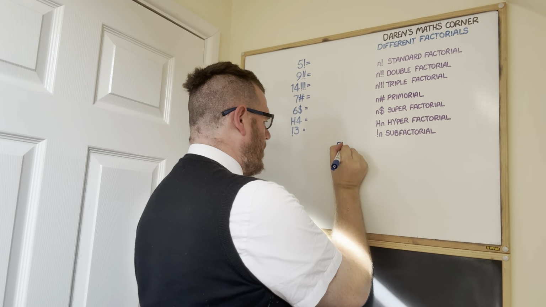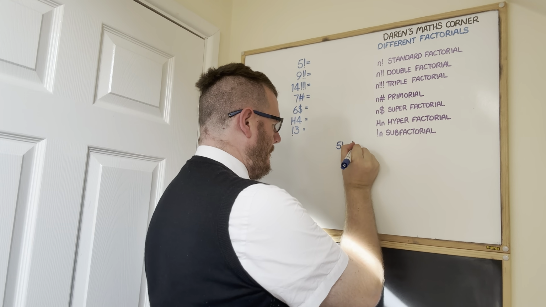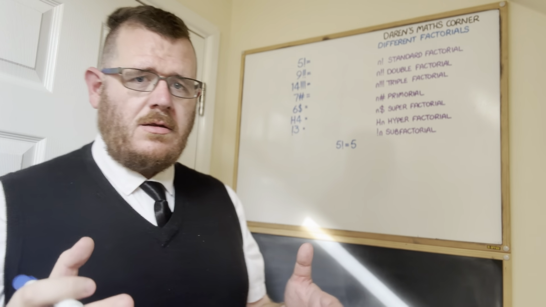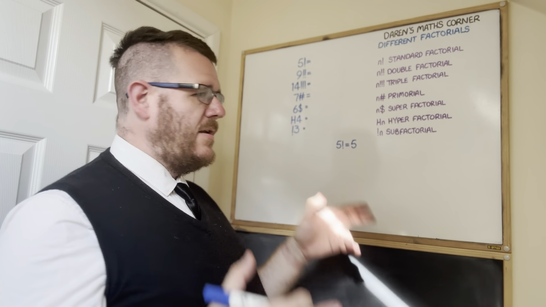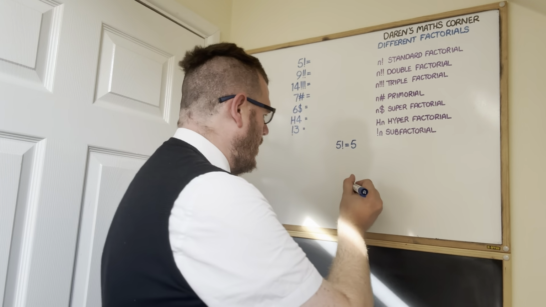And the way to work that out is you start with 5 and then you multiply all the numbers going down in the sequence for every exclamation mark you see.